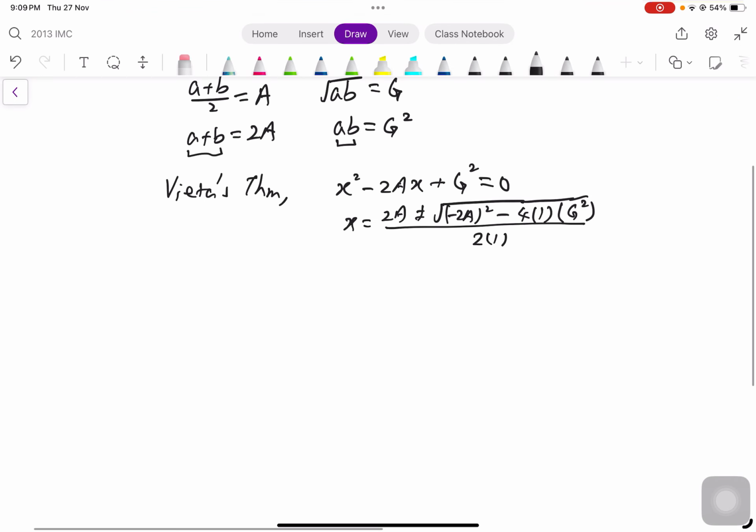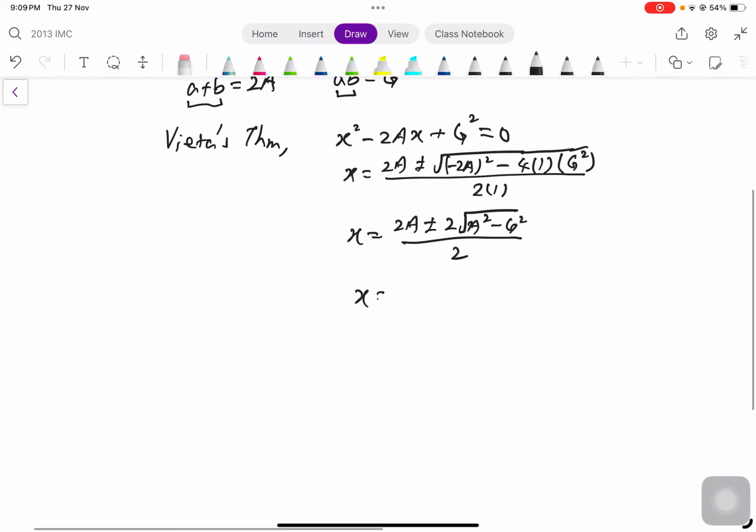When you simplify, let's simplify a little bit. This is 2a plus and minus 2 times the square root of a squared minus g squared, divided by 2. Therefore x is just equal to a plus and minus the square root of a squared minus g squared.